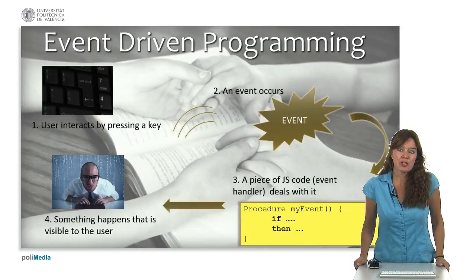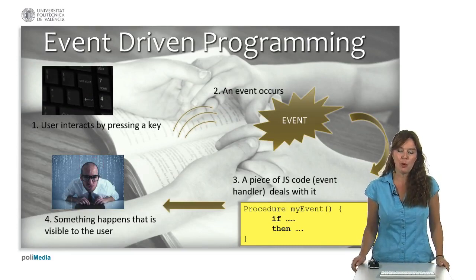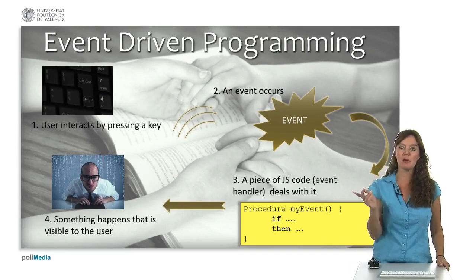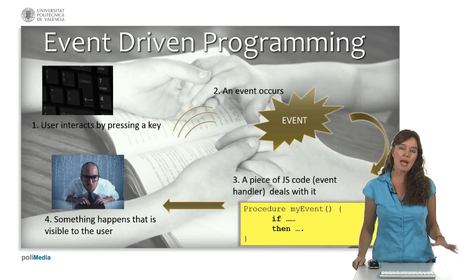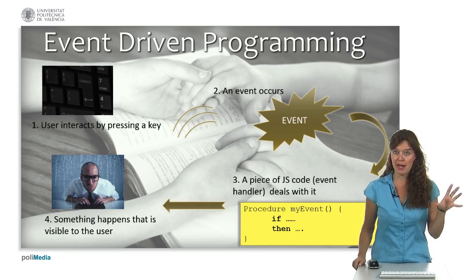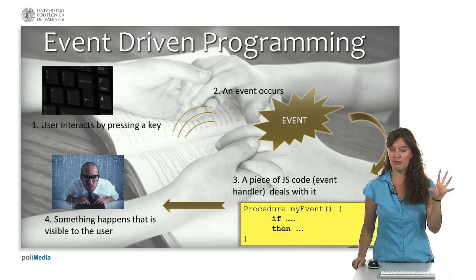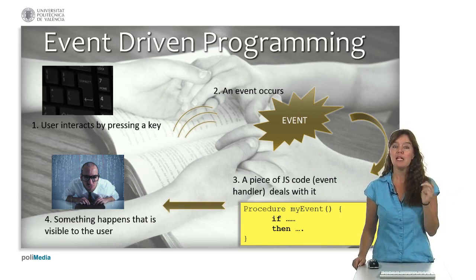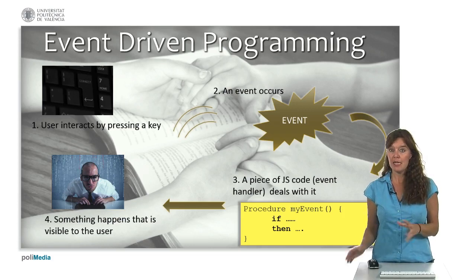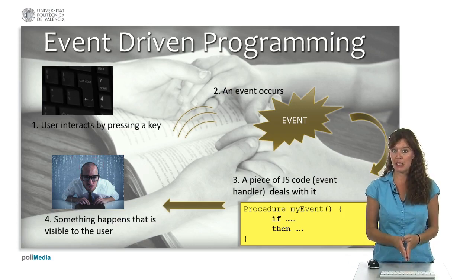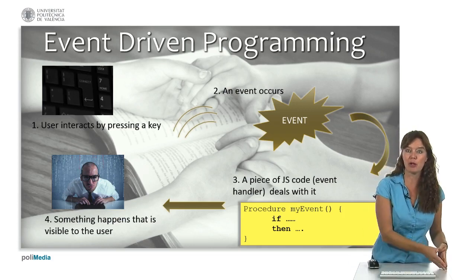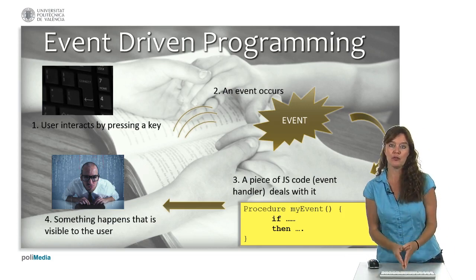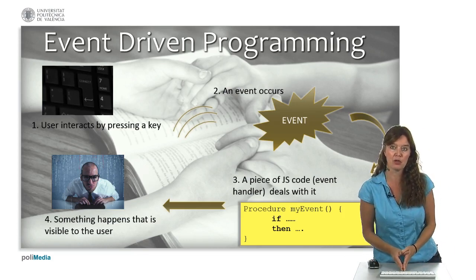So this is actually a form of event-driven programming that we've already seen in some other module. So what happens is that the user interacts by doing something, filling out the text field, pushing a button or pressing a key. An event occurs. In this case, the event occurs, it sends a request to the server and the server replies back with a piece of JavaScript code.